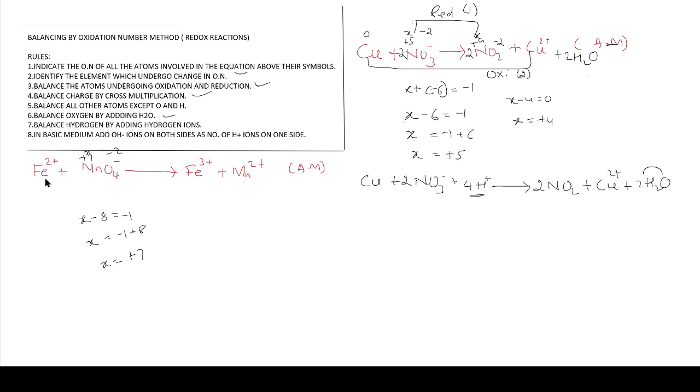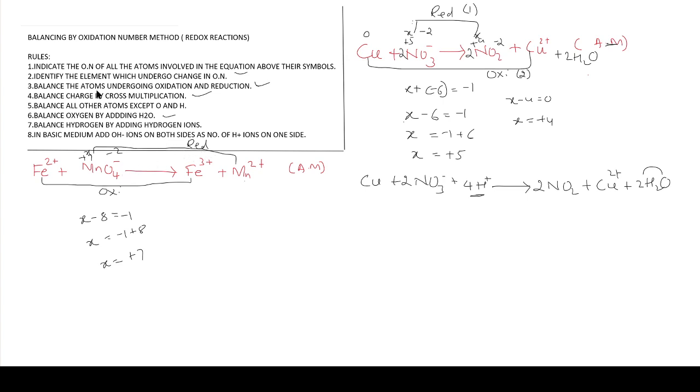You could see iron atoms are undergoing oxidation because an increase in oxidation number is oxidation, right? And manganese from plus 7 to plus 2, that is reduction. Decrease in oxidation number is reduction.